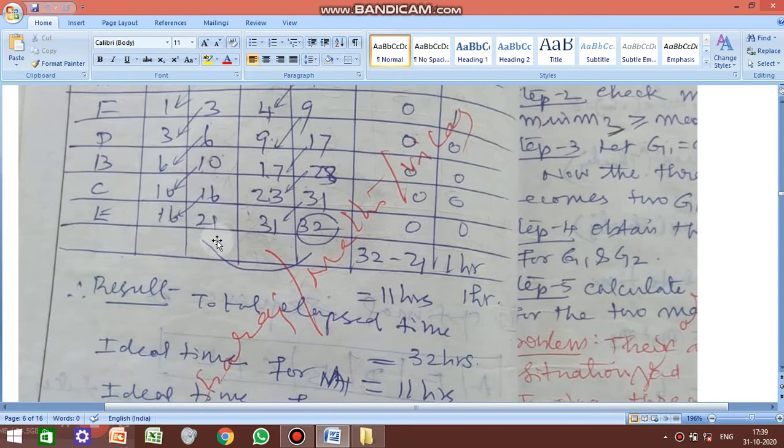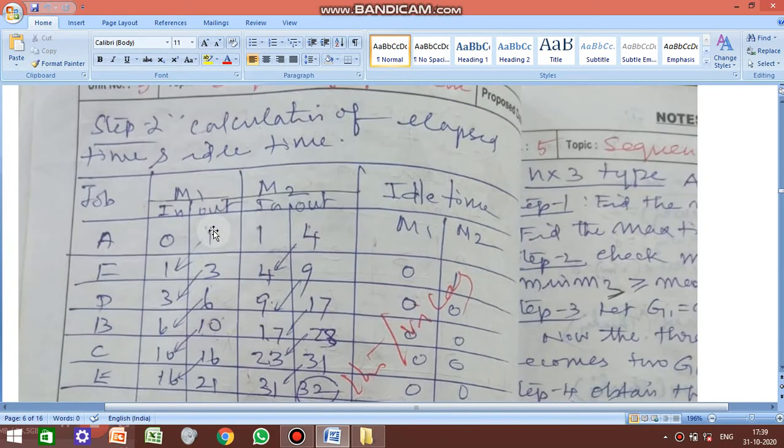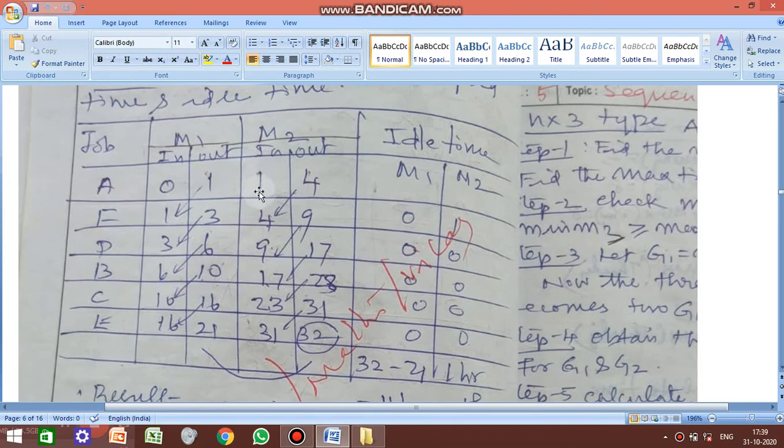From this we understand that under the first machine, to do all these jobs in this particular sequence, machine 1 takes 21 units. Now let us calculate M2.